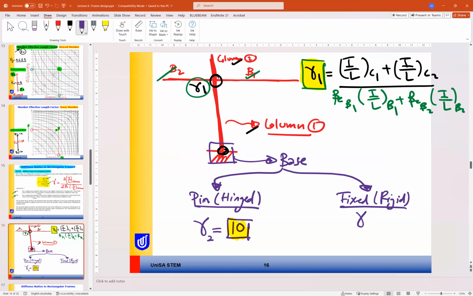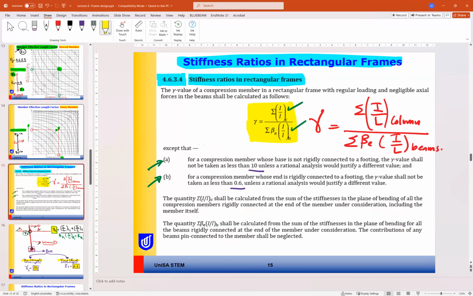So in this case, gamma, as the standard mentioned, is 0.6. So for pin, gamma is 10. For fixed or rigid, gamma is 0.6. This is given in these two exceptions here.